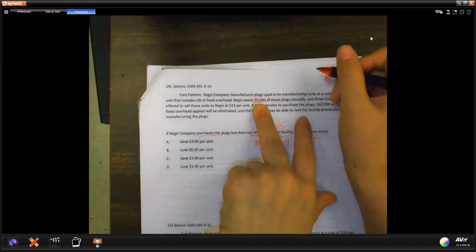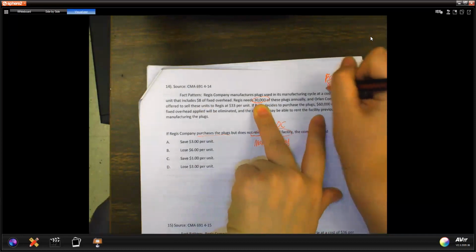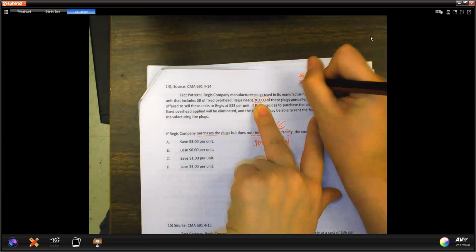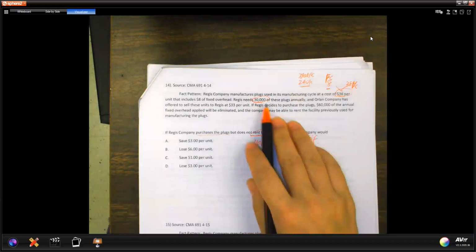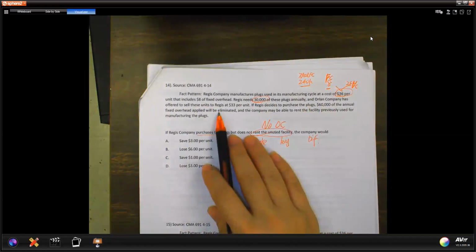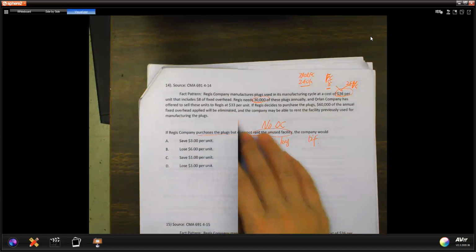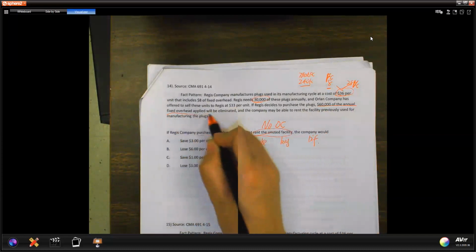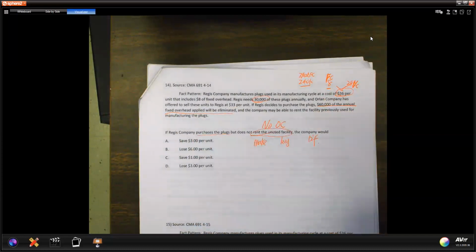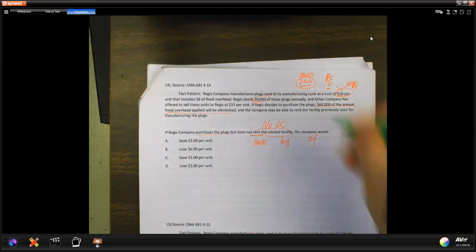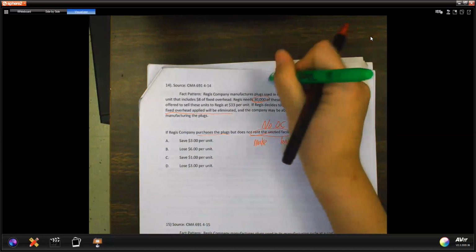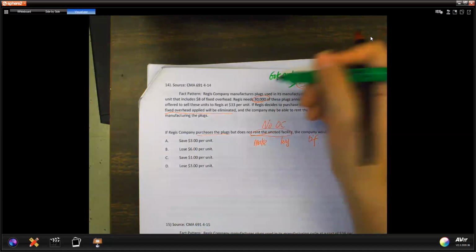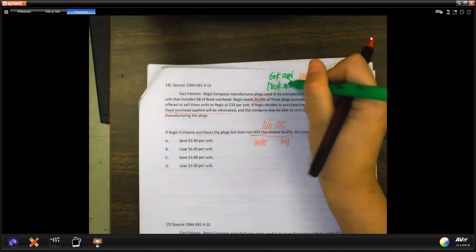So you totally have 30,000 units, and each one is $8. So your total fixed cost, we call it 240,000, right? And then you keep looking, purchase cost is this. We don't have anything. 60,000 of the fixed cost will be eliminated, avoided. Out of that 240,000, 60,000 will be avoidable. And then the remaining 180,000 is not avoidable.